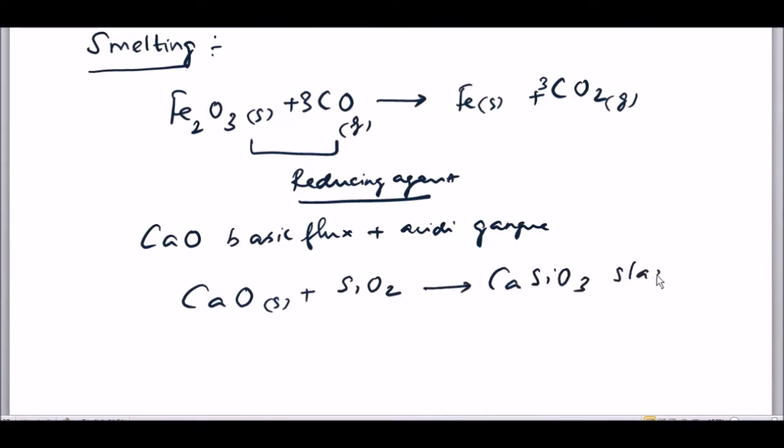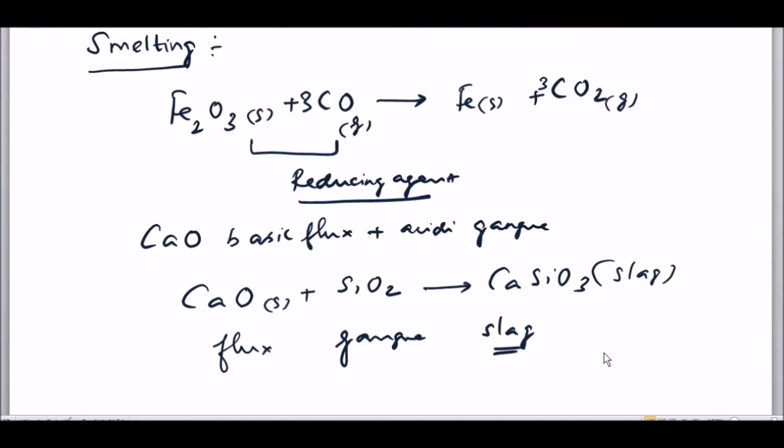The slag is formed, unwanted thing. So this is the flux and this one is gangue. The result is unwanted portion slag. In this way, the ore, the oxide can be reduced.